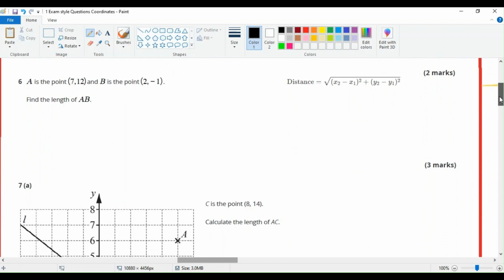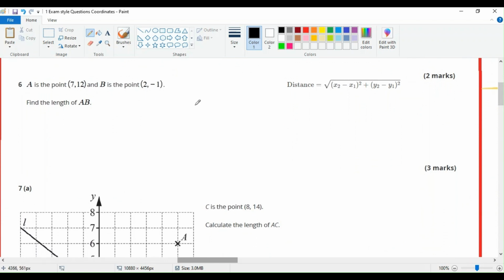In here again we need to find out the length. Same formula. This is 7, 12, and it is 2, negative 1. This is x1 and y1, this is x2 and this is y2, and we are substituting these values. So x2 is 2 minus 7 square, and y2 is negative 1 and negative 12 square.